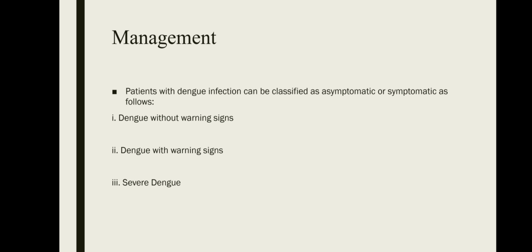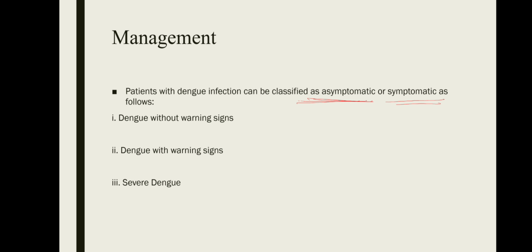Now the management part. As I say, dengue fever may present in 3 clinical scenarios. Just like a viral fever, the patient may have no problem, the child having just myalgia for 1 day, and after that the child is recovered. That's asymptomatic, then nothing to do.